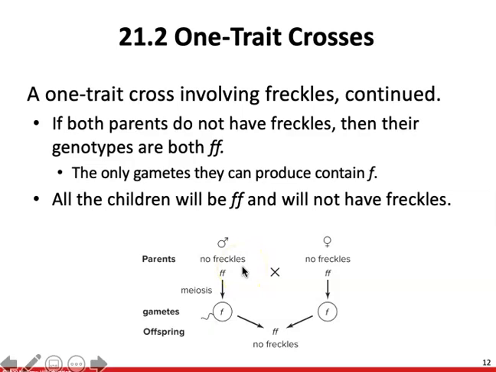The only gametes they can produce would contain the lowercase f, the recessive allele. Thus, all of their children, all of their offspring, will also be homozygous recessive. They'll also have only the lowercase f, and they will not have any freckles.